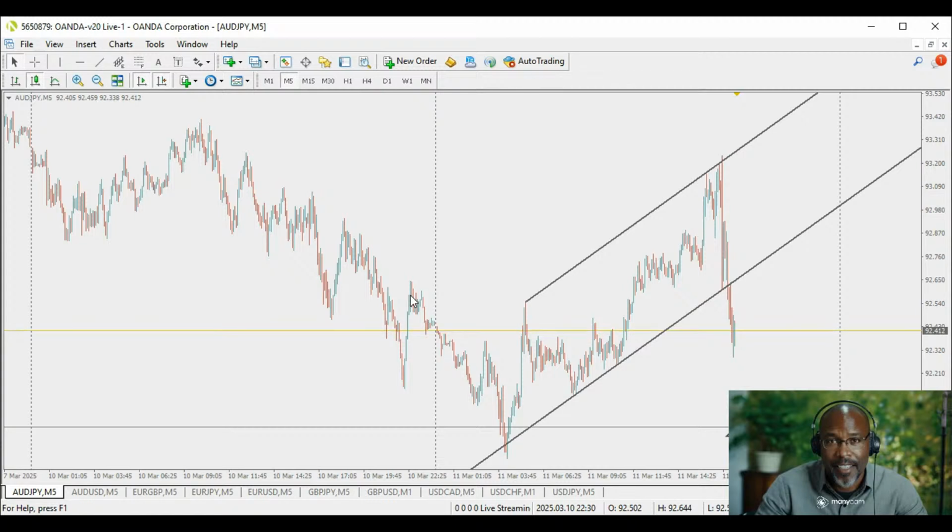The Aussie dollar US dollar will hit 8 hour support at 62.48.